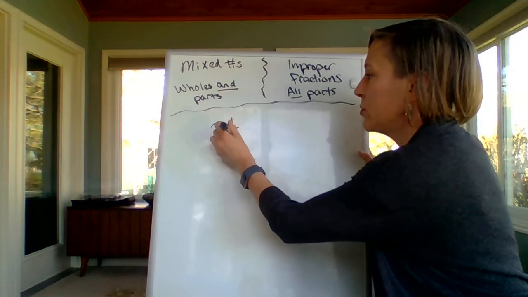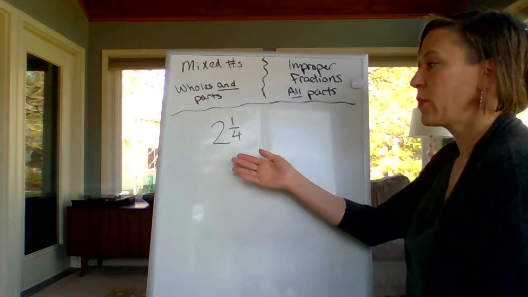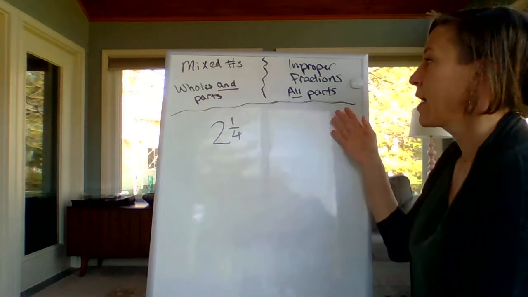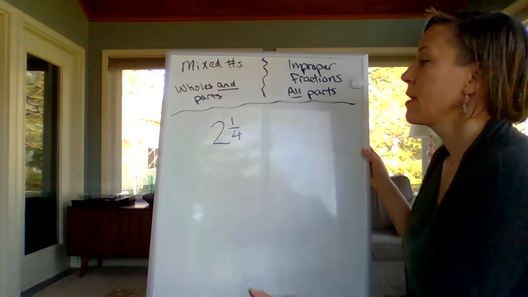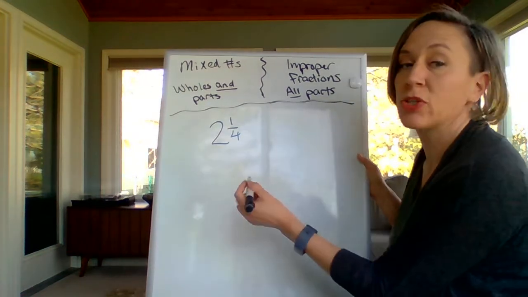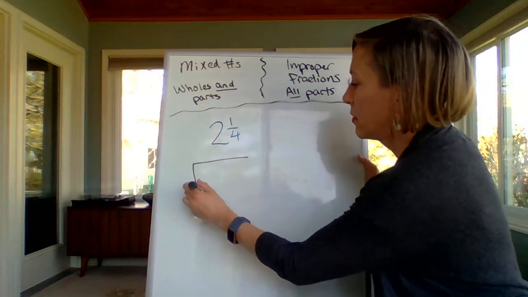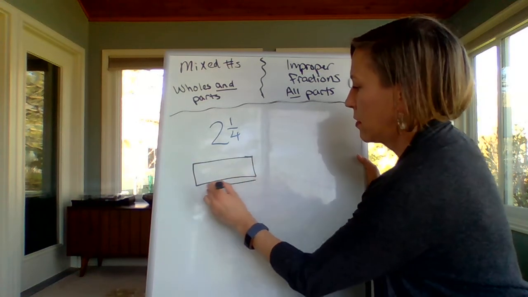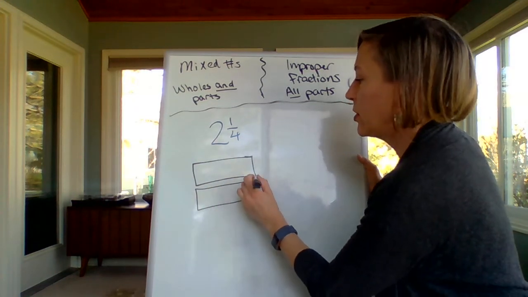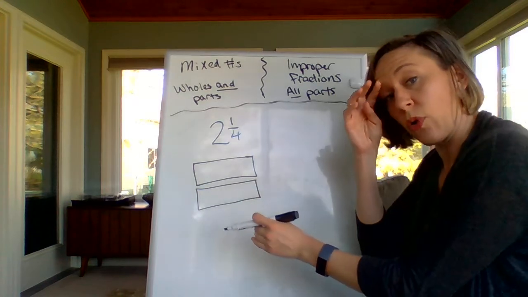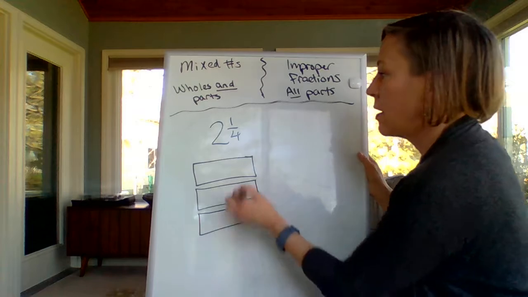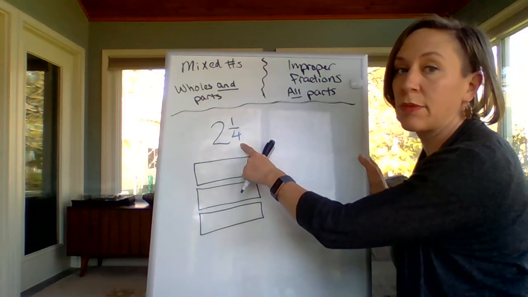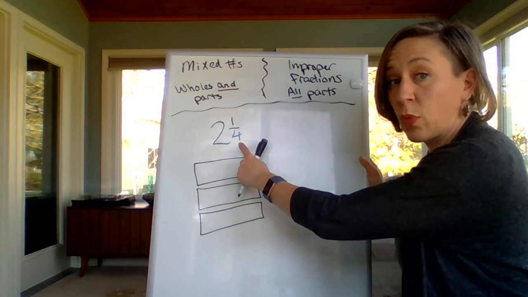If we have the number 2 and 1/4, and we want to express the number 2 and 1/4 as just all parts, as just all pieces, I could start off by drawing a model. I'm going to draw at least 2 rectangles for the whole number, and then I need another rectangle for the fraction amount. I know by looking at this fraction that I'm working with fourths.